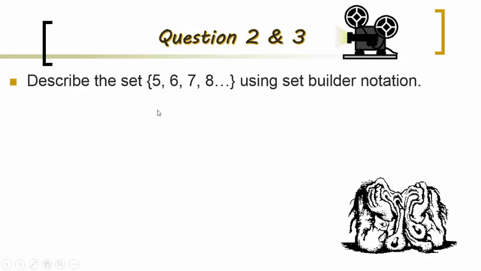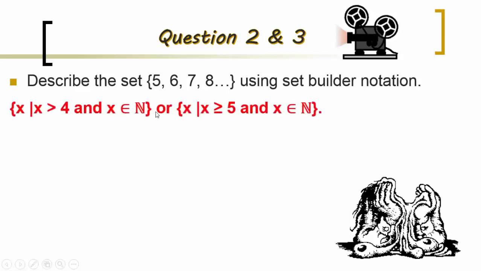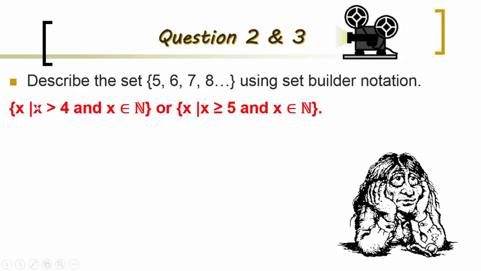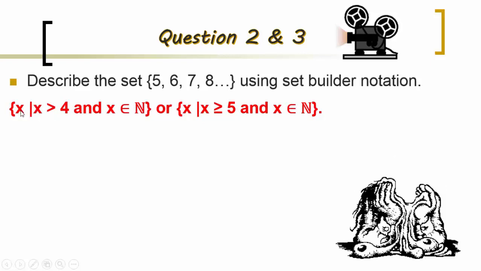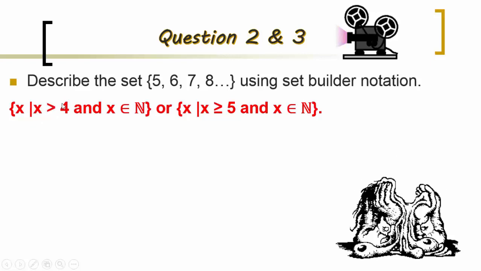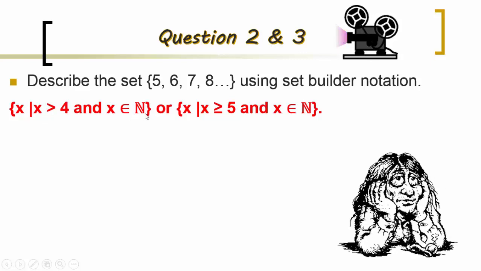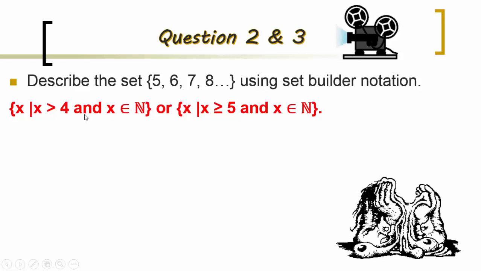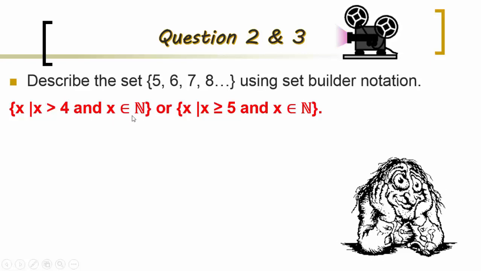There are two ways we can do it. We can write the set of x such that x is greater than 4, because it will not include 4, and x is an element of the natural numbers, so it'll start at 5.